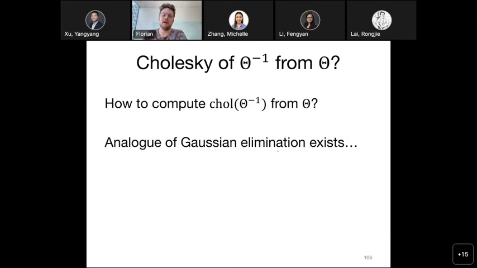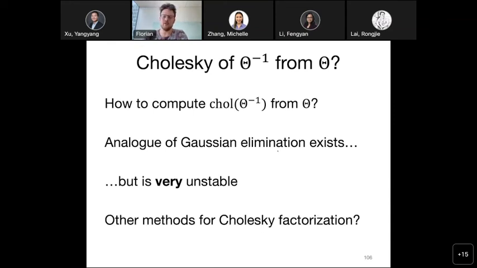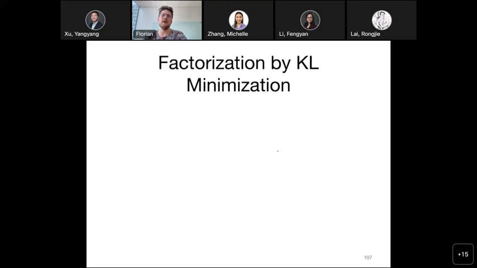And so at first I tried this for a while using some kind of analogs of Gaussian elimination. In principle, this works. One can even probably prove something about it, but it turns out to be very unstable in practice. So it was not really practically useful. And so the question was then, are there other ways of computing Cholesky factorizations? In particular, is there a way to set up optimization problems that try to obtain the optimal approximate Cholesky factor?